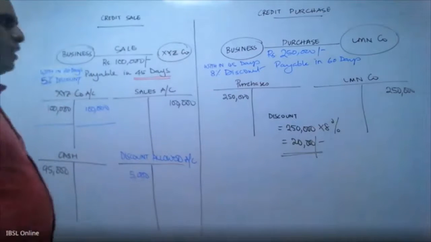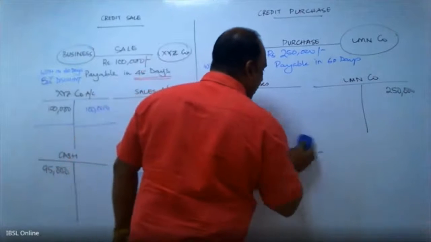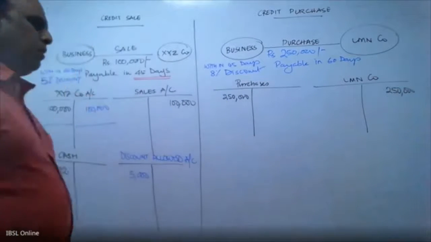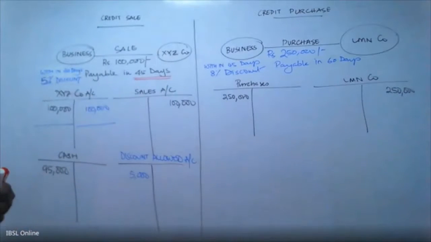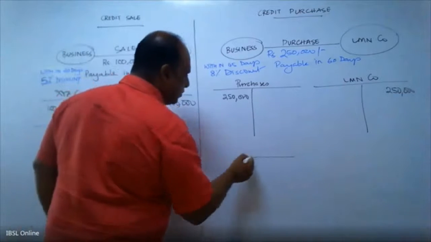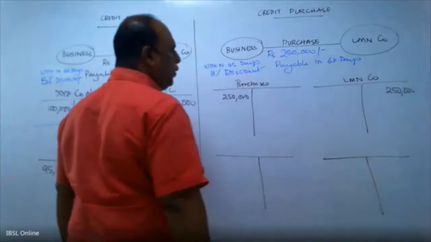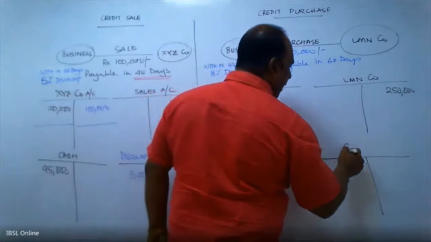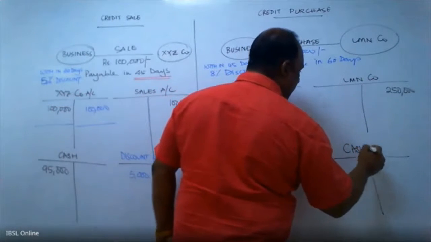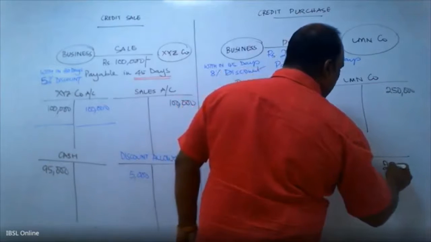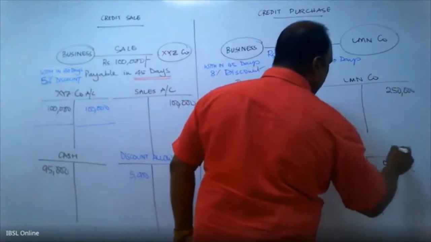Now, let's look at it. When you pay it, what will happen? When you pay, you will pay cash 230,000 only. So that you have understood.